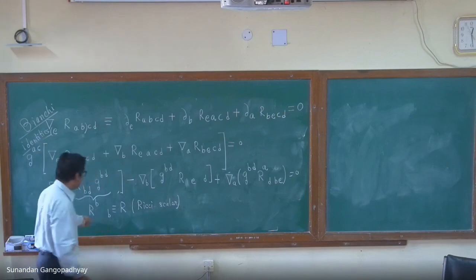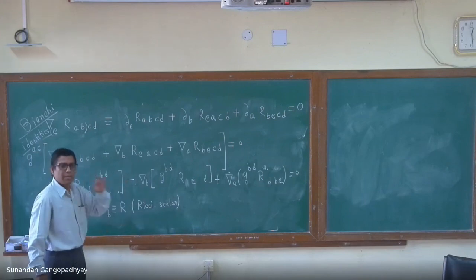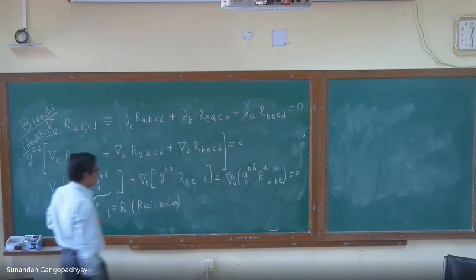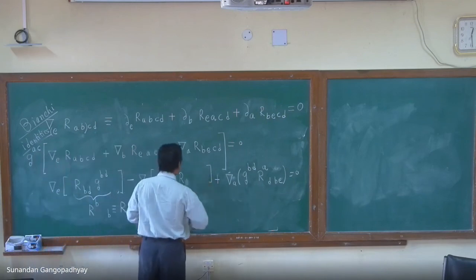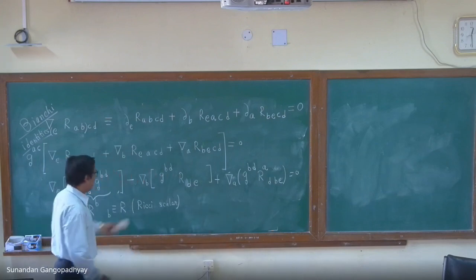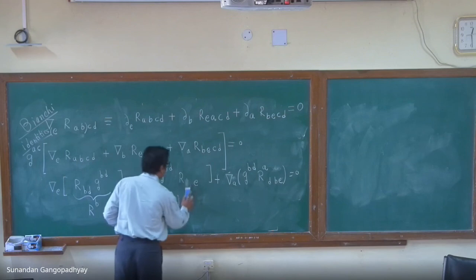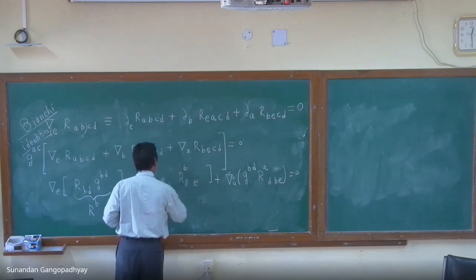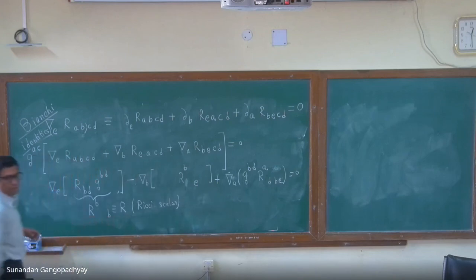The property of this Ricci tensor is that it is symmetric in the two indices. You can check it. R_AB is symmetric in the two indices. So you can write this as R_BC. Okay, and now g^{BD} is there. You can raise this index and write this. Drop this, that's fine.